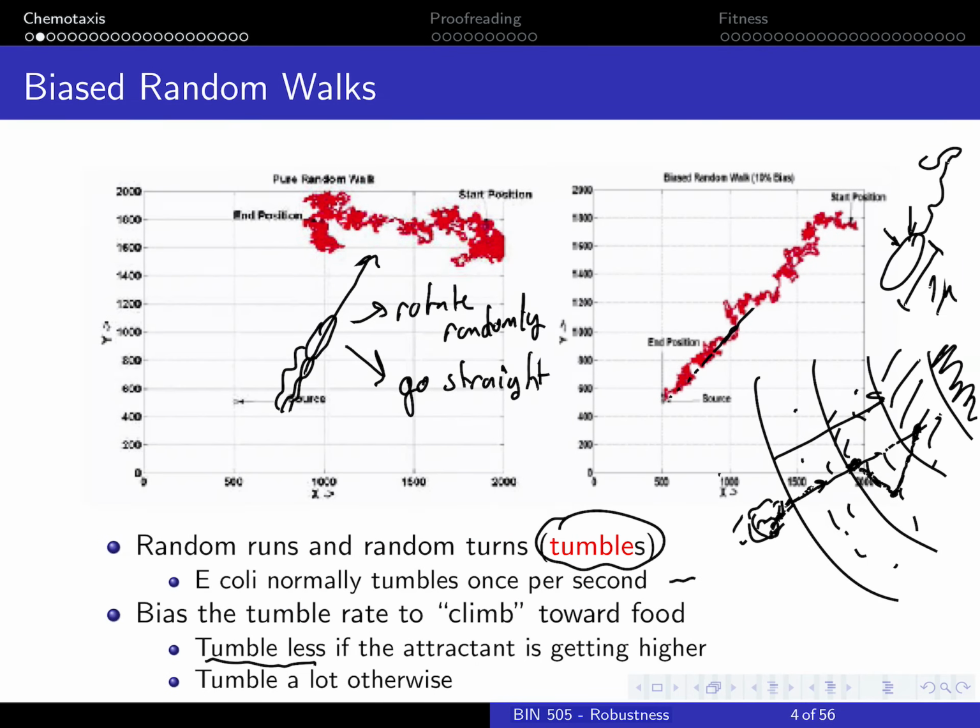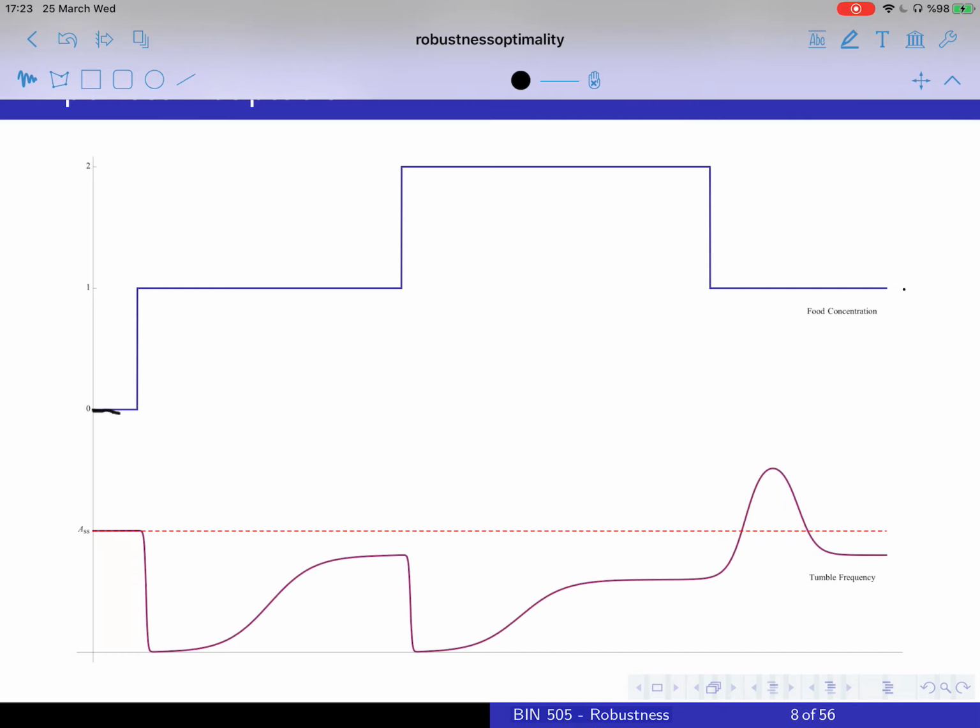So if you look at this, we can see perfect adaptation versus imperfect adaptation. Let's say initially there was a certain amount of food, and at a certain point somebody pipetted new sugar into where the bacteria were, and suddenly the amount of food jumped.